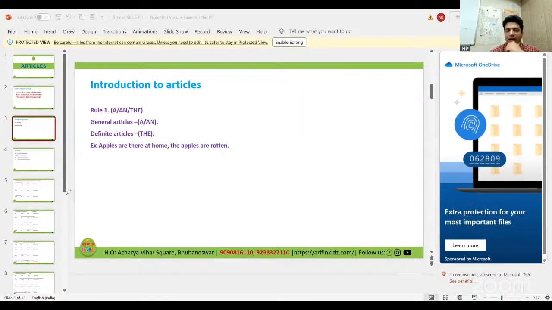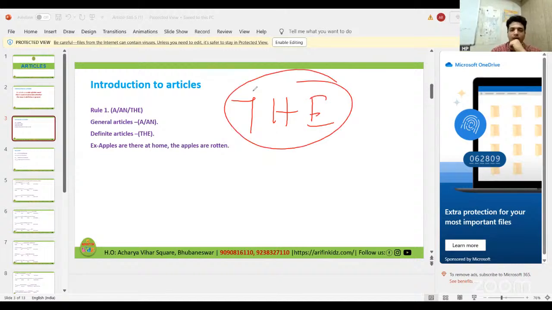Now, let's look at the definite article the. There is only one definite article, that is the. General articles we have a and an, but for the definite article we have only the. There is one simple rule: the noun has to be defined in order to be definite, right?